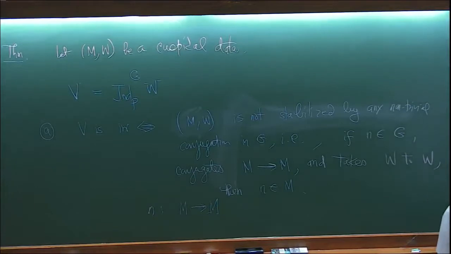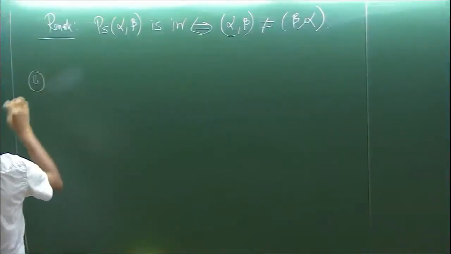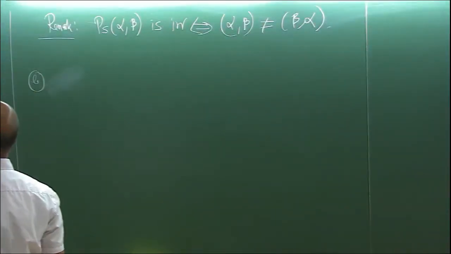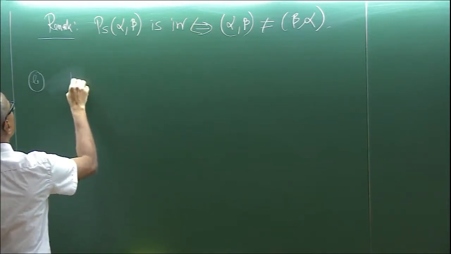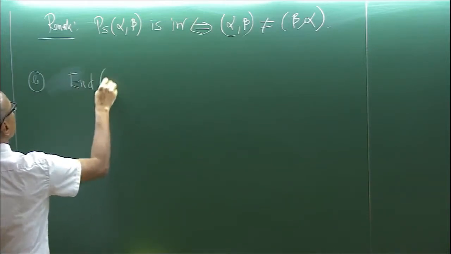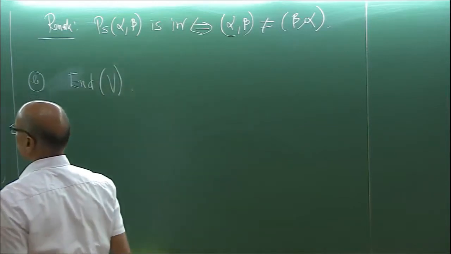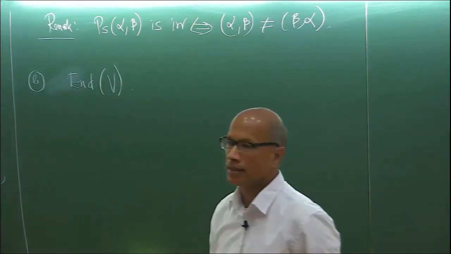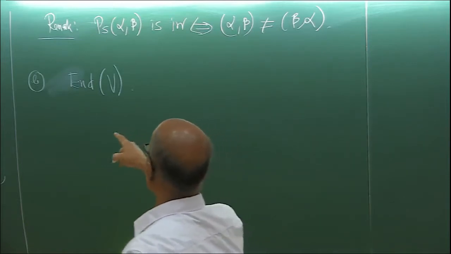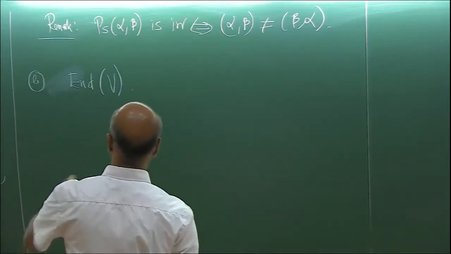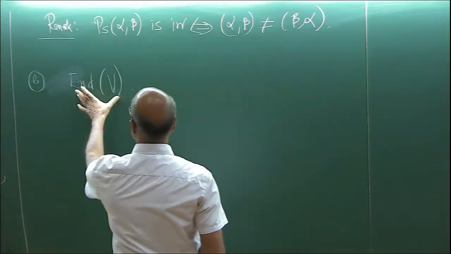And part B is a slightly more precise version of this. One way to understand that a representation is irreducible or not is to calculate its endomorphism ring. A representation is irreducible if and only if its endomorphism ring is one-dimensional.